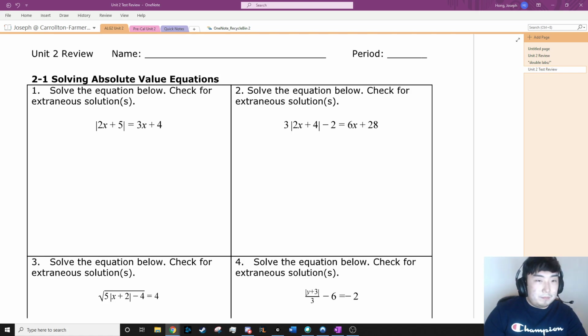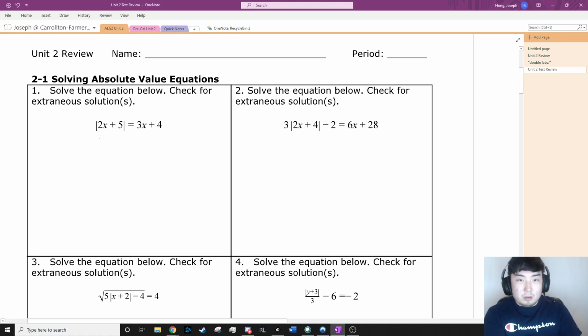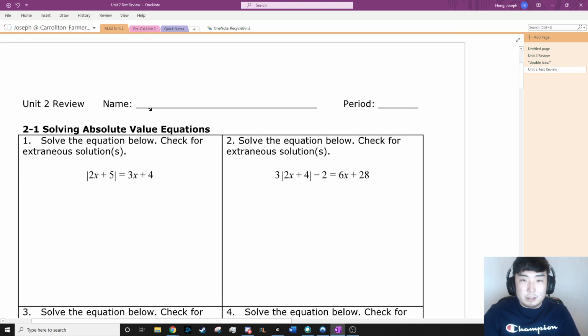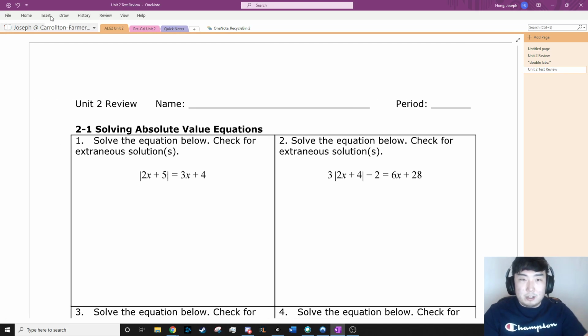Problem 1. Solve the equation below. Check for extraneous solutions. First things first, I have to write my 4 steps. Well, I guess it's 3 if you're in my class, but there's really 4 steps that you need to do.